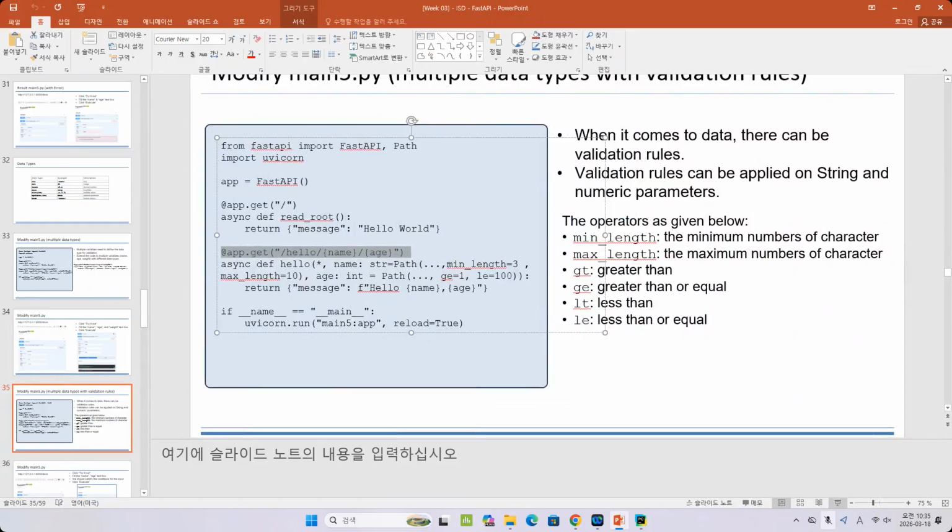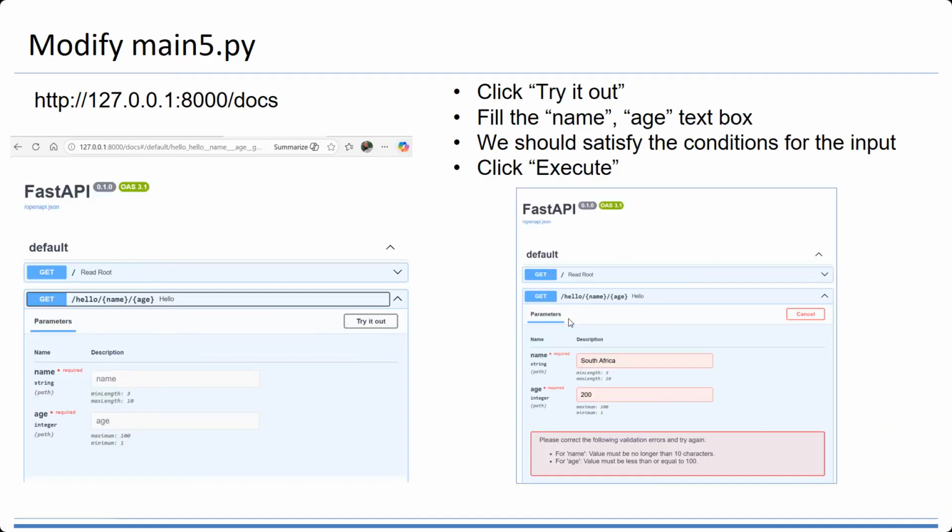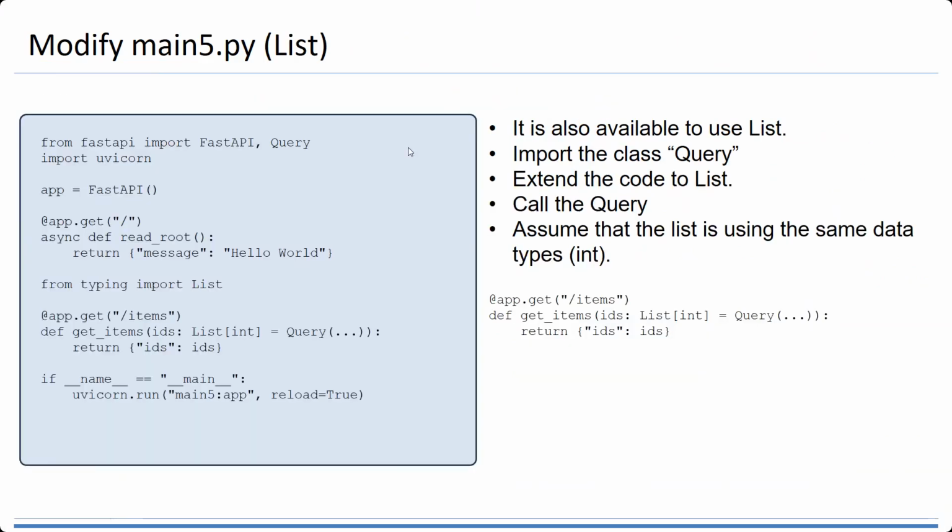So you can try with the other options, for example GT, LT. GT means greater than, LT means less than. You can try with this option. So this is the case.